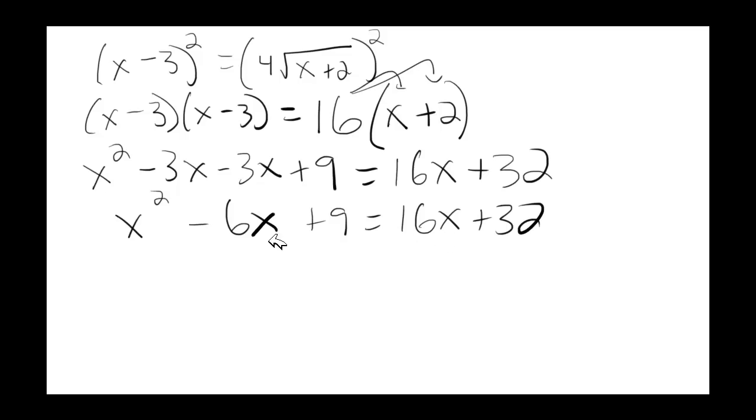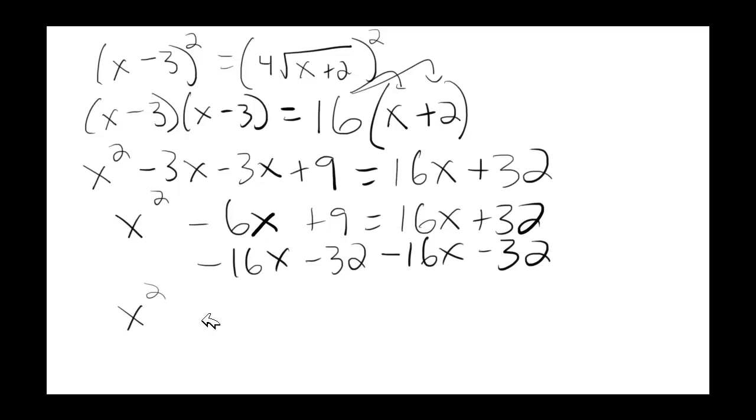So I'm going to move everything over to the other side. 16x minus 32 minus 32. Getting this equal to 0. This is minus 22x. This is minus 23. 0. And now I'm going to try to factor.